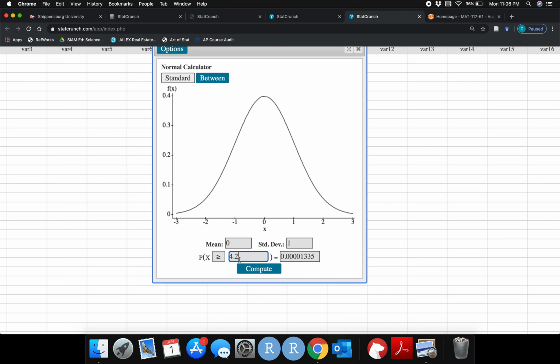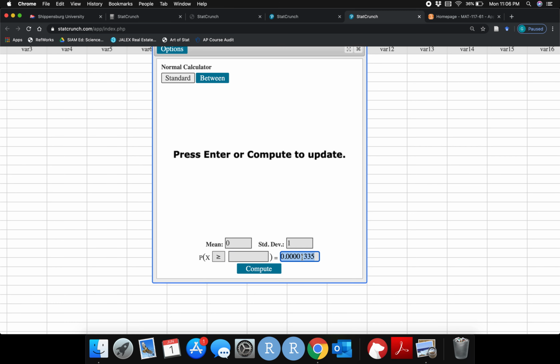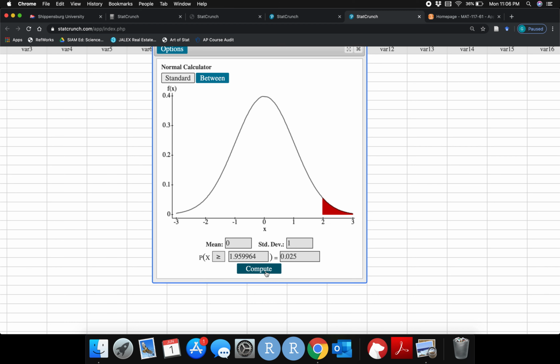I want to find the point such that the probability that x is greater than that point is 0.025, and that gets me around 1.96. I ask you for 90 and 99%, so I'll give you a hint.